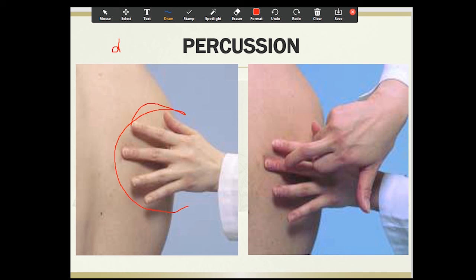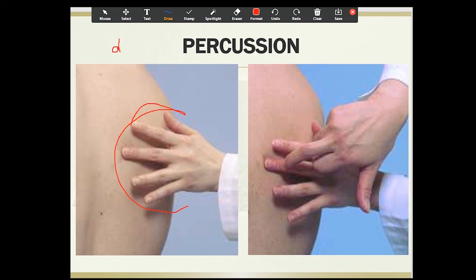That's percussion, that's palpation. So don't confuse them. With palpation, you mainly feel something there, but with percussion, you hear the sounds. Doctors hear the sounds coming from the percussion part. So that's a different way.